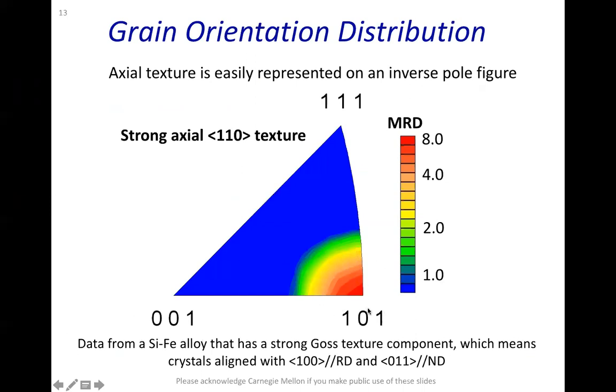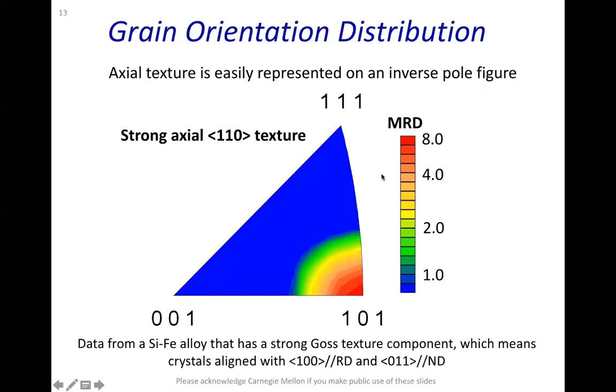they take a little bit of interpretation. But in this case, what this is telling me is that most of my 101 poles are roughly parallel to my sample sheet. And the color bar on this is MRD, or multiples of the random distribution. Sometimes it says MUD, multiples of the uniform random distribution.